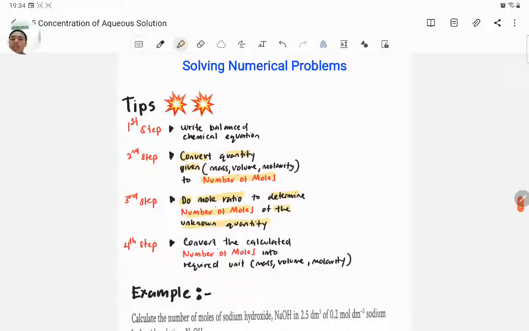After that, the fourth step is convert the calculated number of mole into the required unit. After we do the mole ratio and determine the number of mole of the unknown quantity, we convert that number of mole to what the question wants, whether it is mass, volume or molarity.